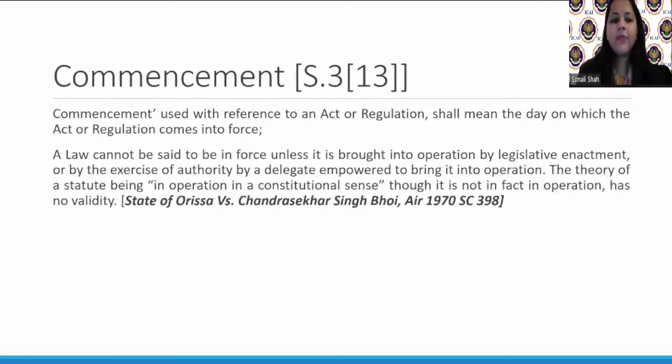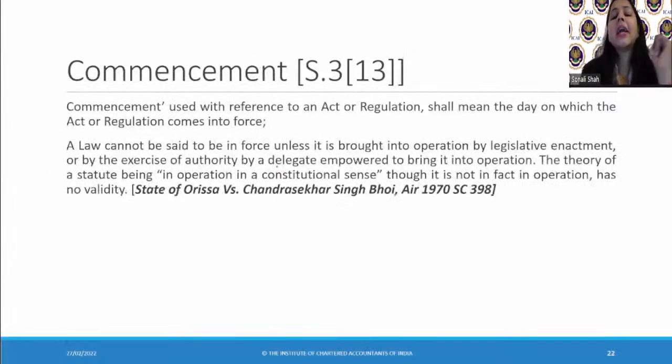Now coming to the next definition, which is commencement. So obviously we know that drafting of legislation, passing of it by both houses of parliament, receiving the assent of the president, there is a series of steps involved in the making of a legislation, or from the stage where a bill gets converted into a law.